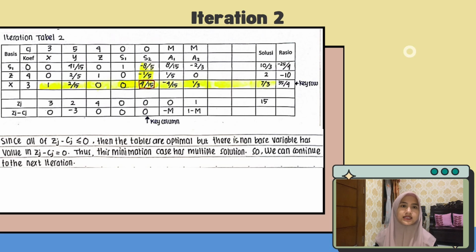Since all ZG minus CG are less than or equal to 0, the table is optimal, but there is a non-base variable with a value in ZG minus CG equal to 0. Thus, this minimization case has multiple solutions, so we can continue to the next iteration.